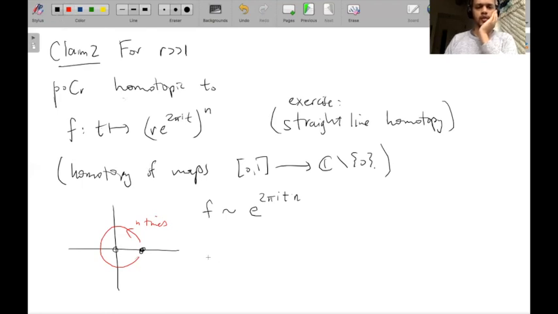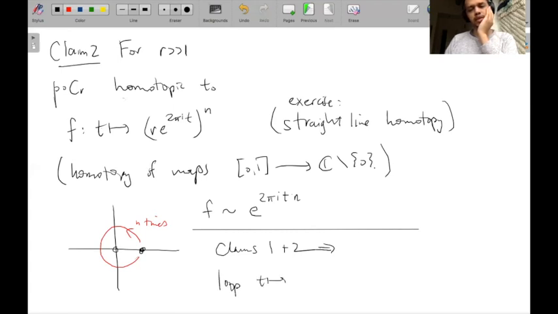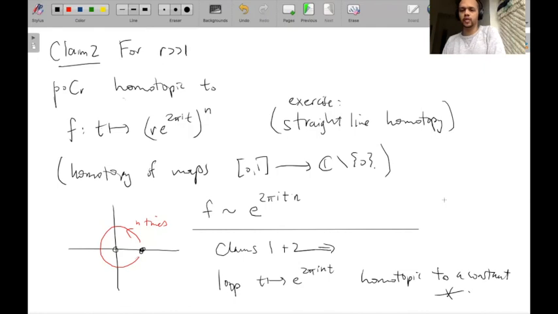So combining, claim 1 plus 2 imply that the loop T goes to e to the 2 pi i N T is homotopic to a constant, which contradicts our computation for the fundamental group of a circle.